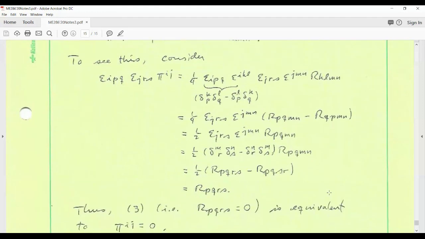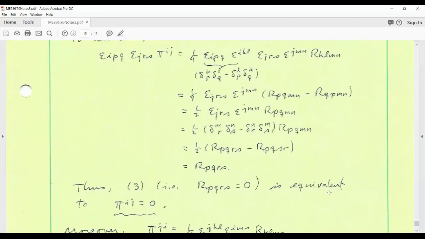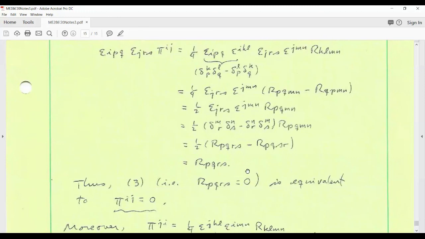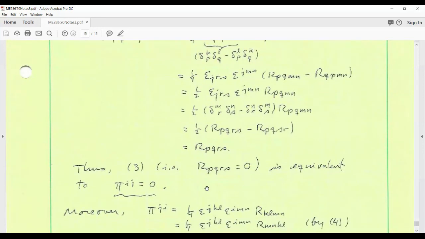Exactly the same operation extended to 4th order tensors. So that establishes then that R and pi are equivalent. So the statement R equals 0, which is our compatibility equation, is entirely equivalent to this pi equals 0.